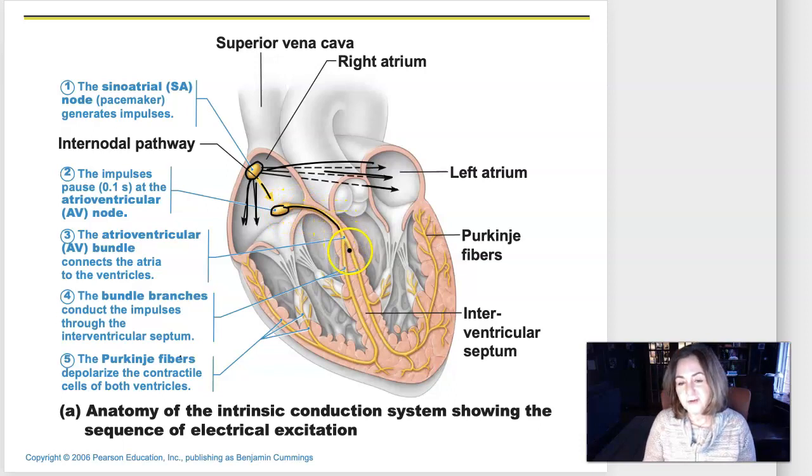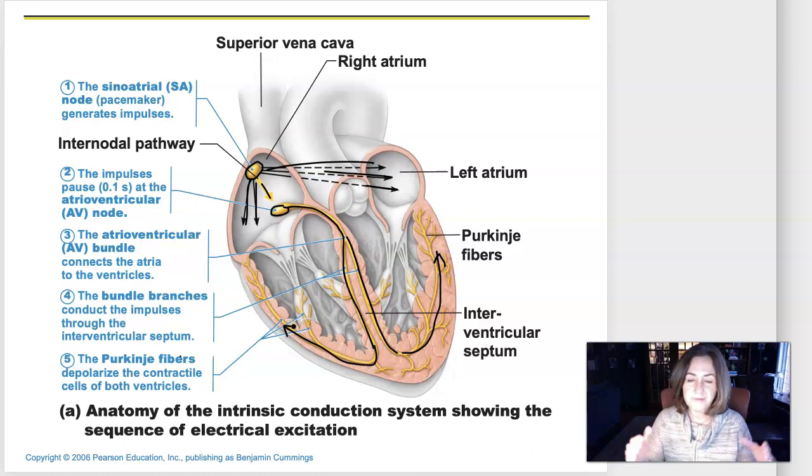It's going to enter into the interventricular septum. Within the interventricular septum, you can see it branches into the bundle branches, and then when the bundle branches hit the apex of the heart, big fibers called Purkinje fibers come up and innervate the walls of the ventricle. And so this is the path of the autorhythmic cells.